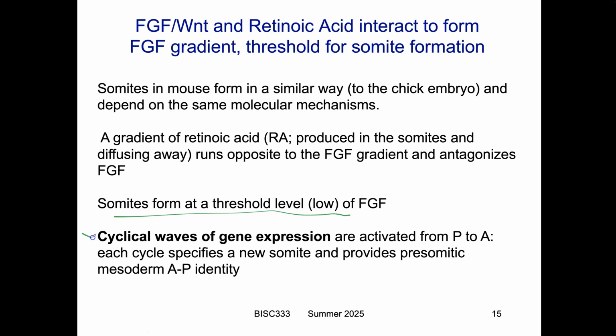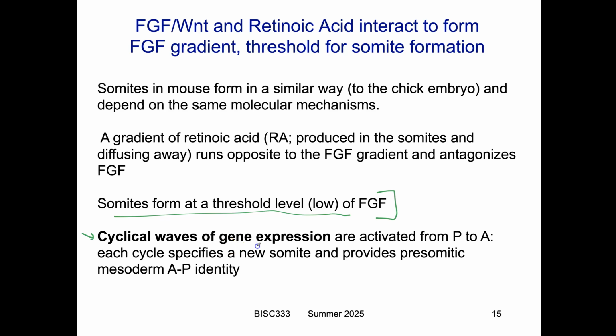And there are also cyclical waves of gene expression, and they're activated from posterior to anterior. Each cycle determines the timing of when that somite forms. So we know where it's going to form based on the low FGF signal, but the wave of gene expression takes about 90 minutes, and that tells us when that posterior boundary is going to form.